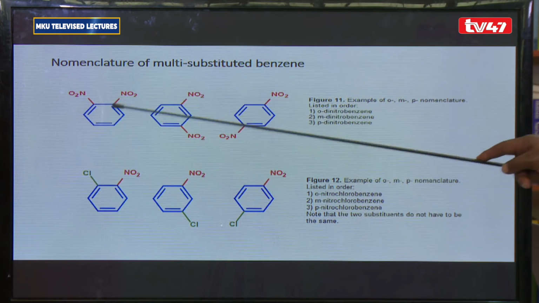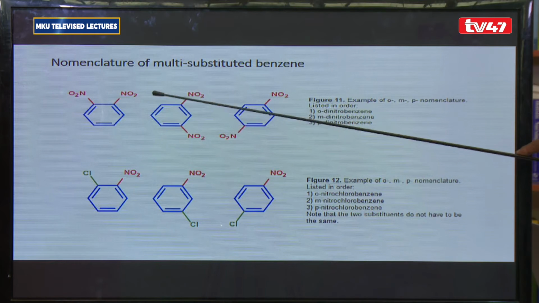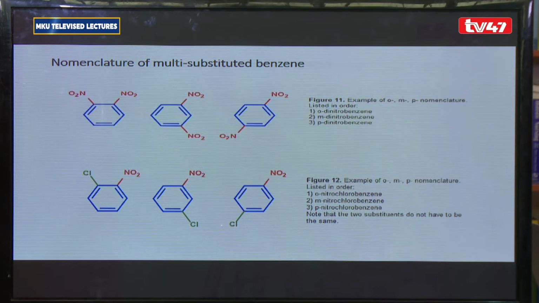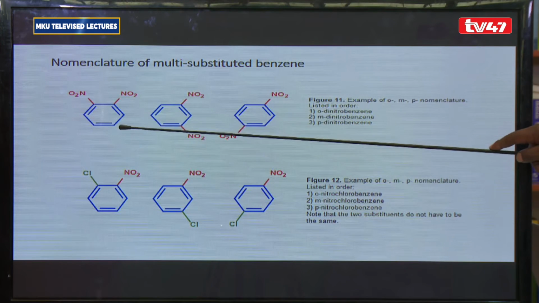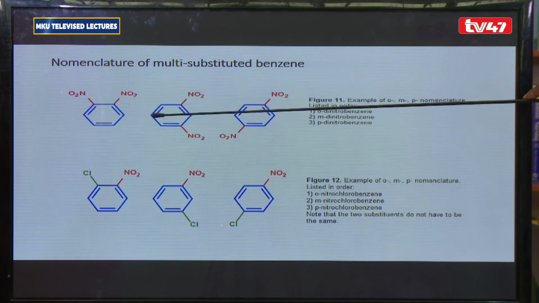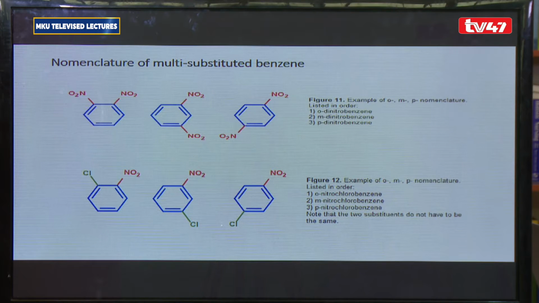We say positions 2 are ortho positions. Positions 3 on either side are meta positions, which we represent by m, and position 4, which is only 1 from whatever side you count, is referred to as a para position.